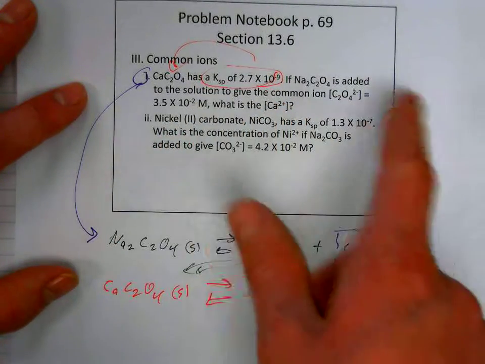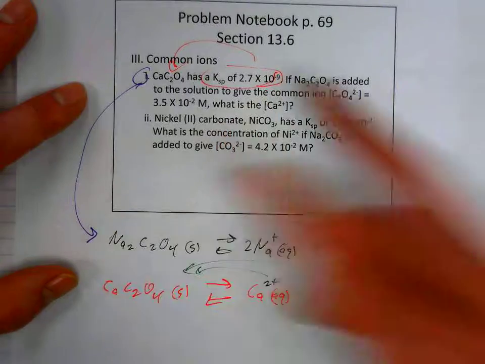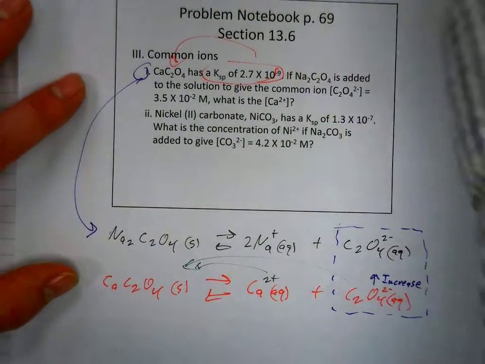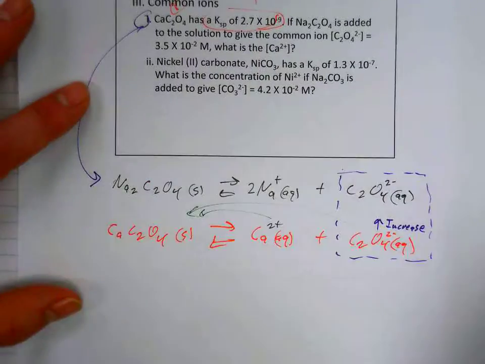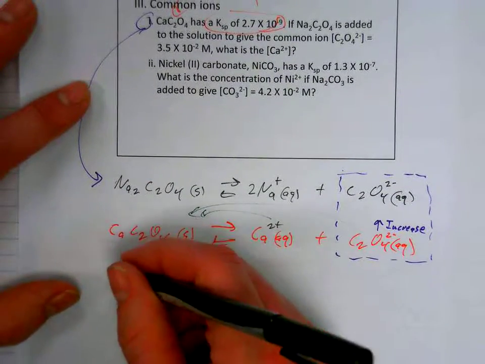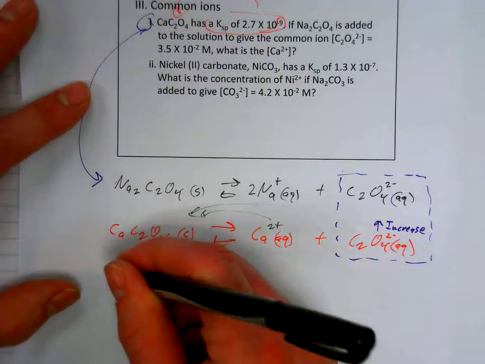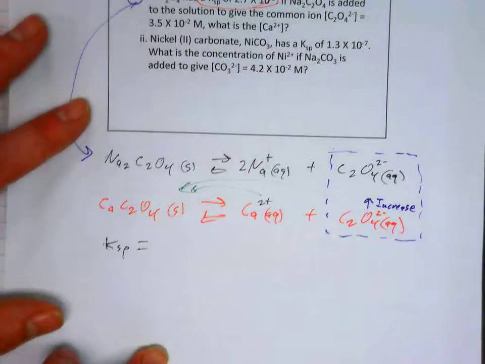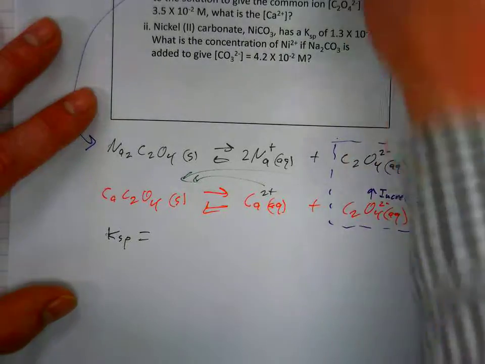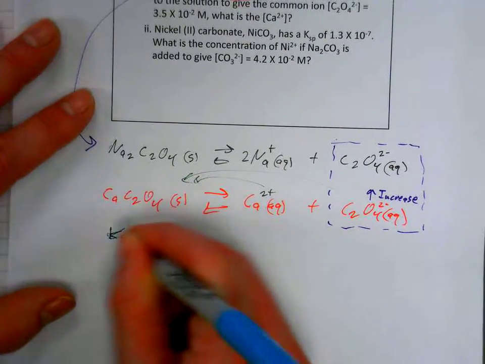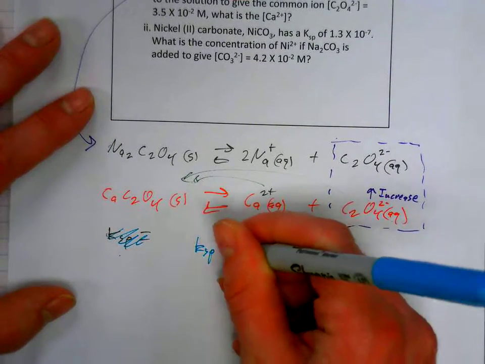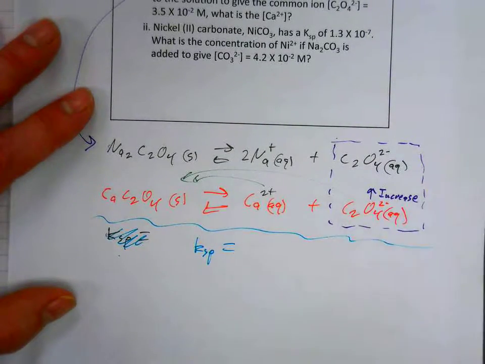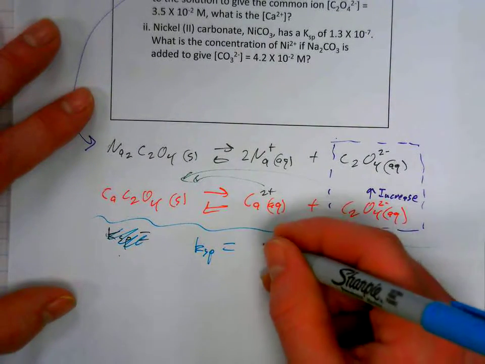So we solve it in a similar way. We write our expression, KSP. Let me use a different color actually. So KSP then is the calcium ion times the chromate ion.